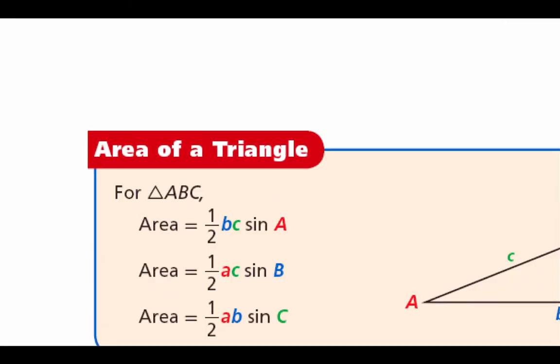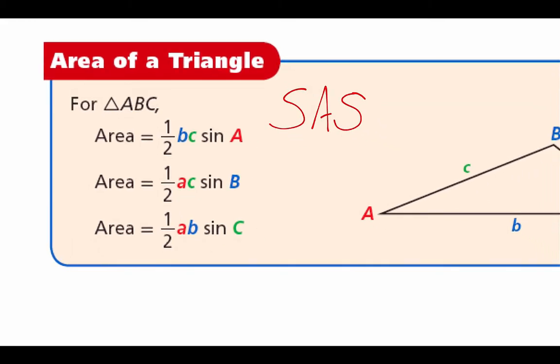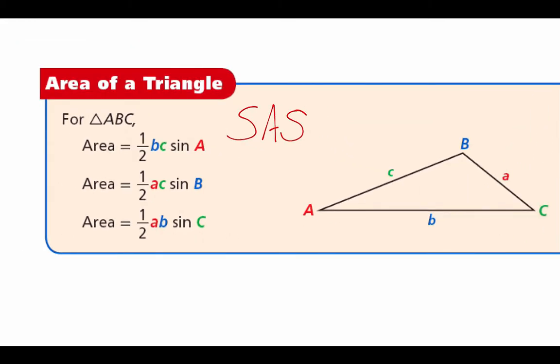Now this works for a side, angle, side. In other words, we need to know two sides and the angle in between them. So the three options we have are: area equals 1/2 b times c times the sine of angle A. B is down here, c is over here, and angle A is in between b and c, so that's why we call it side, angle, side.